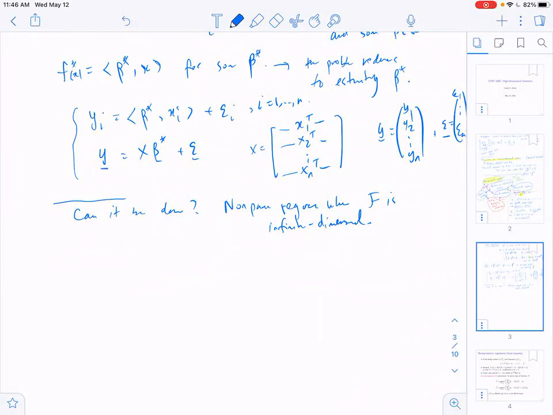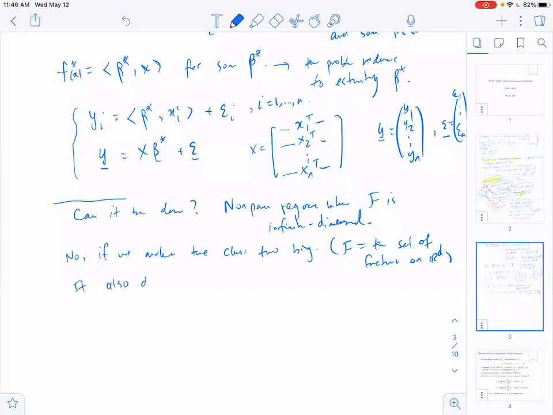If you make the class too big, say F is the set of all functions on R^d, you might always find a bad function. It also depends on your measure of performance. Okay, we'll discuss this.